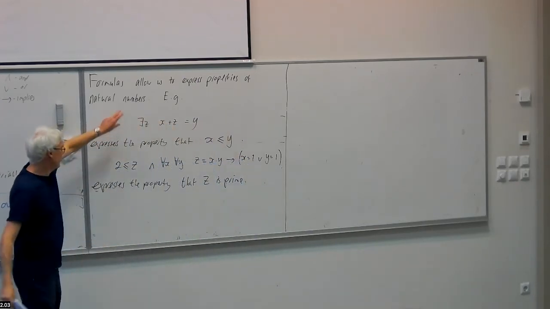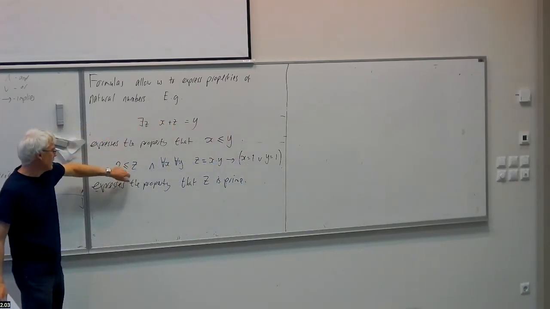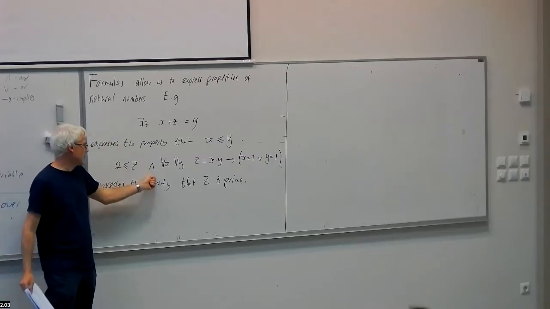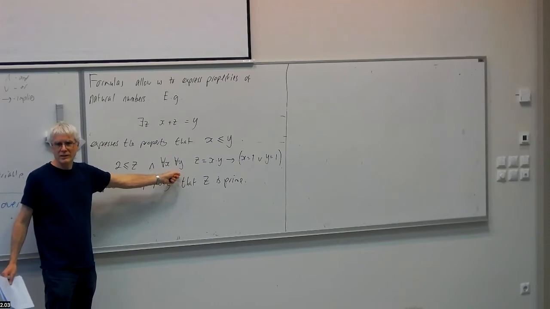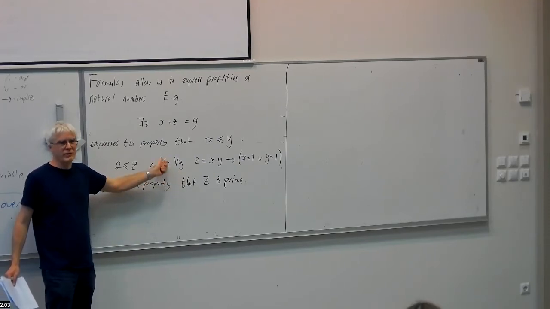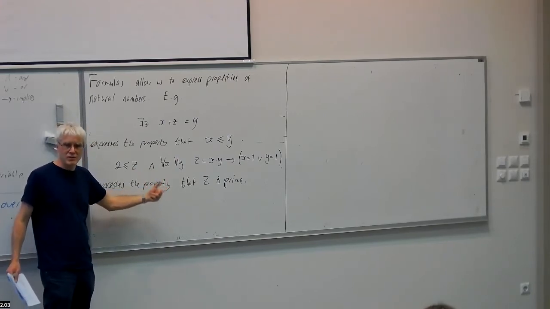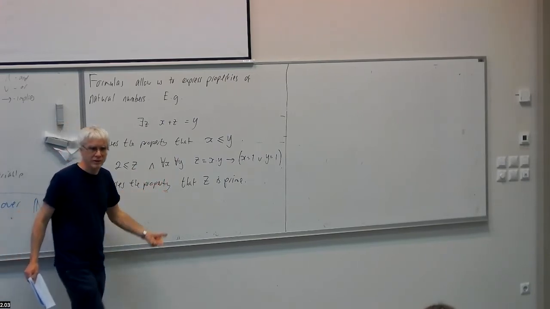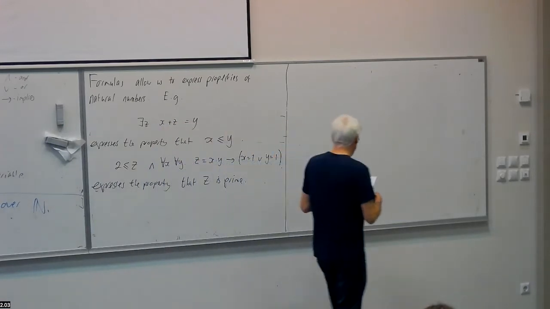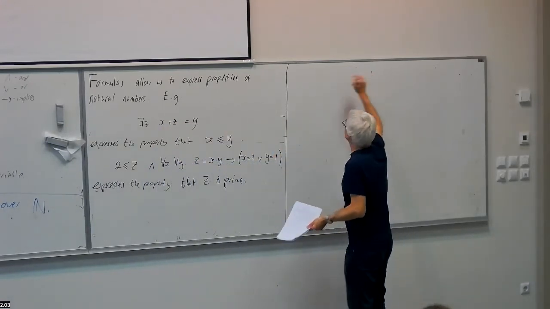Okay, so we see how formulas express properties, and we also notice that they express properties of those variables that we don't quantify over. So what if we quantify over all variables in a formula? Well, then we're simply expressing properties that are either true or false, propositions if you like. And these formulas are called sentences.